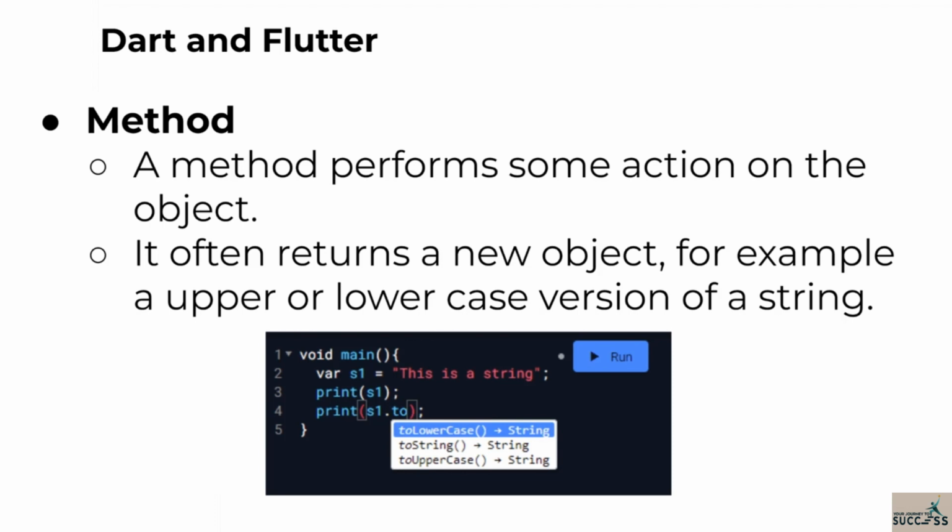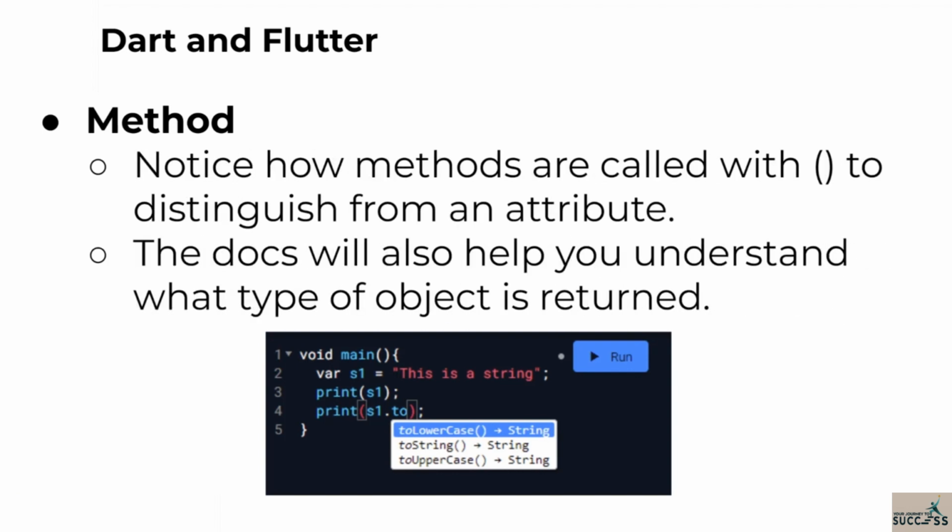I can say toLowerCase, toString, toUpperCase. And the Dartpad notation actually informs you that it's a method via that arrow sign saying, hey, when you run this with open and close parentheses, it's going to return a particular type. So notice how methods are called with open and close parentheses to distinguish them from an attribute.